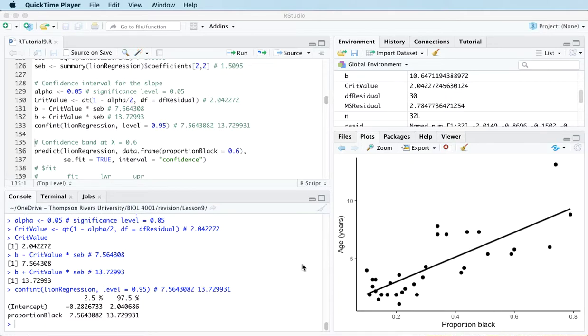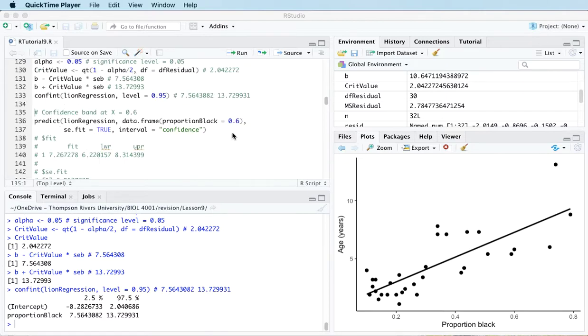So we'll use the lions example again, and we'll think about a collection of lions, all of whom have a proportion of black pigmentation in their nose that's equal to 0.6.